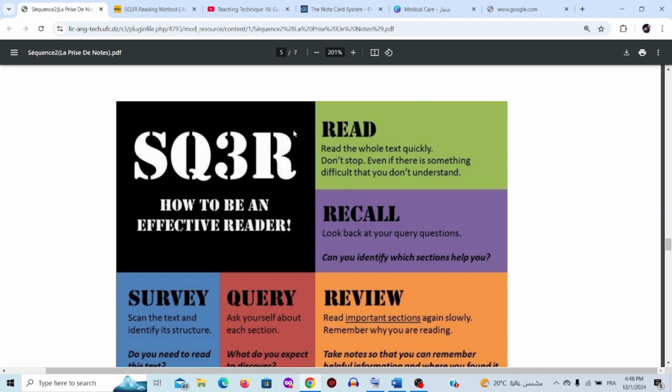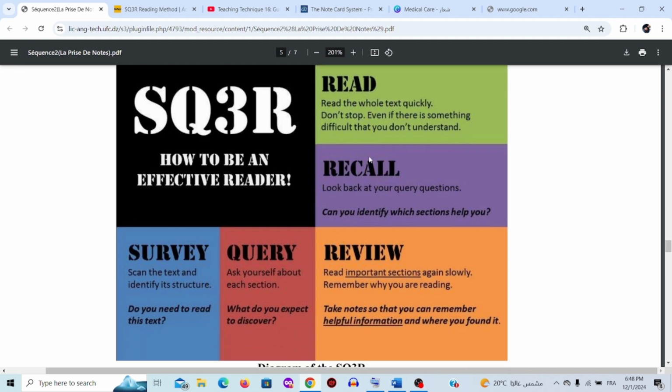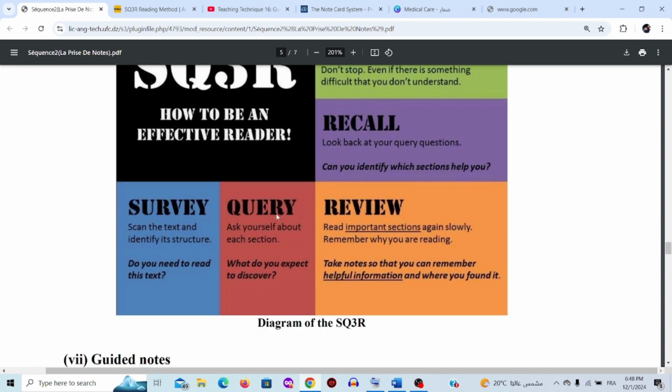So it's 3R: read, recite, review. You are going to read the text quickly. You are not going to stop, even if there is something difficult. And then you are going to recall.